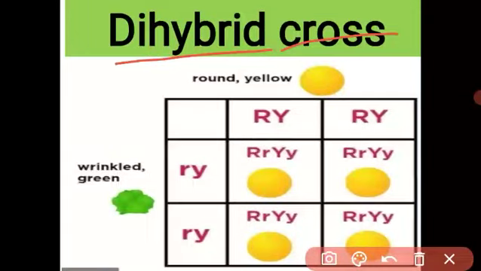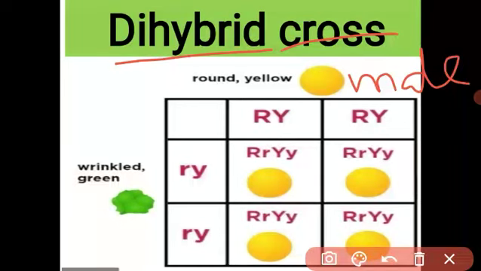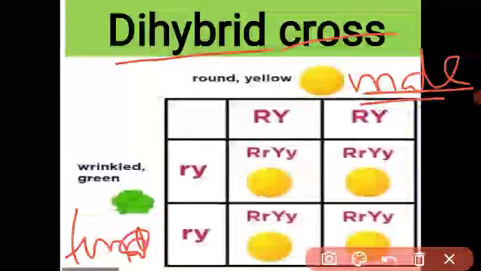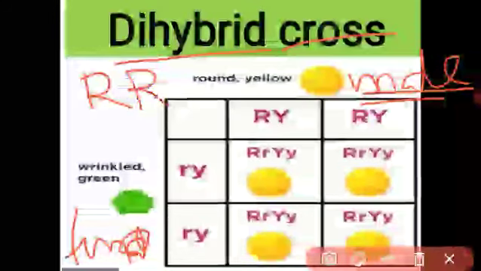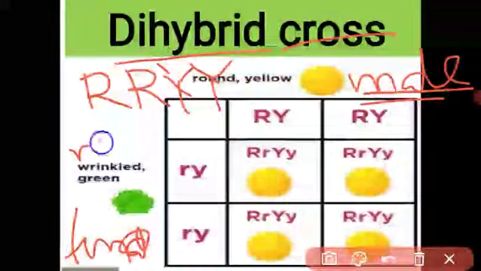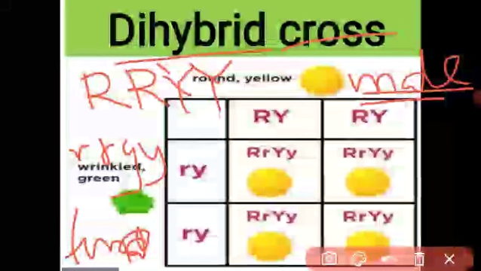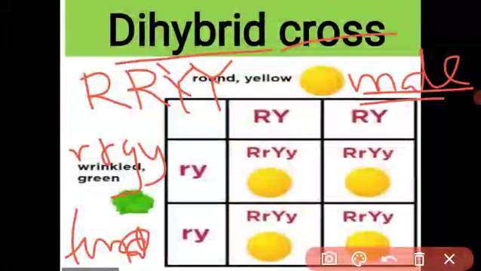What happens whenever we take the pure parents, pure varieties of the gametes? Let us see. We can take the male and female. Male is a dominant character, means for the dominant seed we have to write capital letters, round and yellow, and wrinkled and green we always write in small letters. Got it? Wrinkled and green are not written as W and G. It is written with the same letters, R and Y, but in small letters for the recessive character.